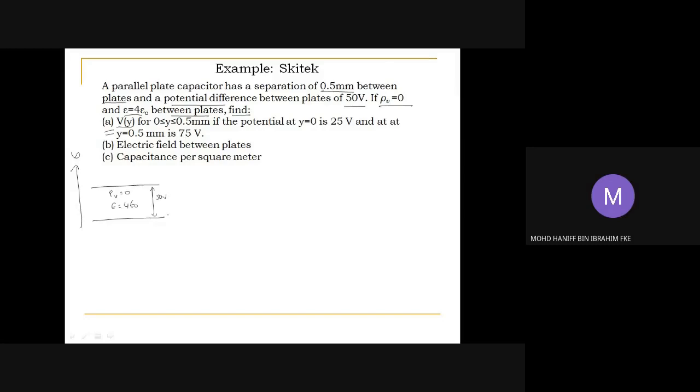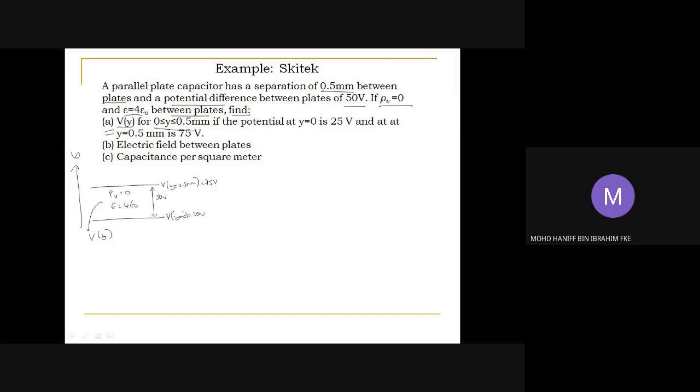For this region, at one plate where y equals 0, the potential is 25 volt, and at the other plate where y equals 0.5 millimeter, the potential is 75 volt. So we need to find Vy in this dielectric between the capacitor plates.